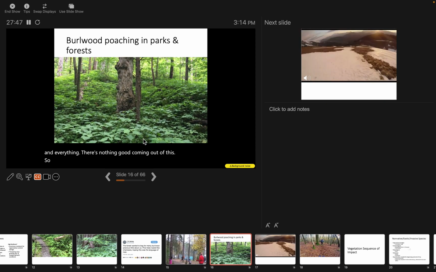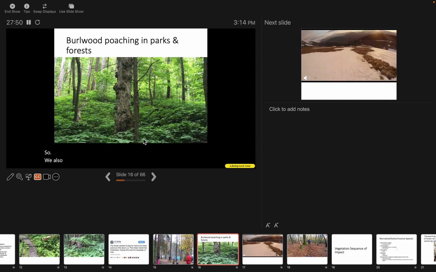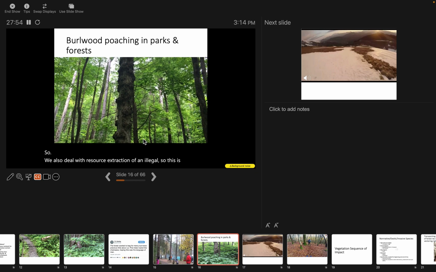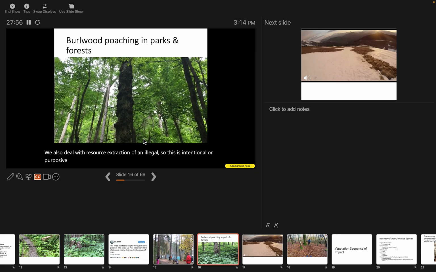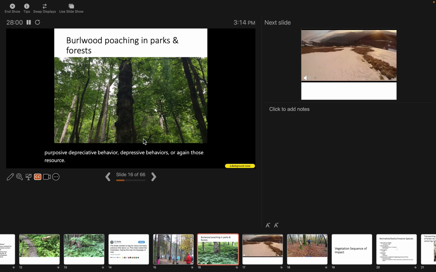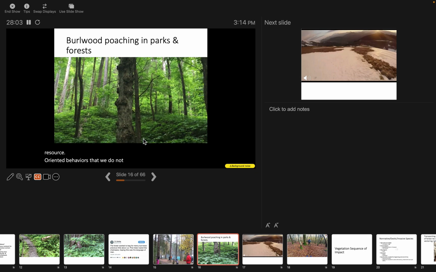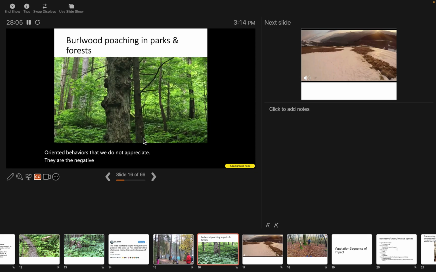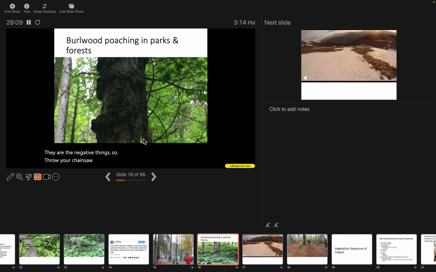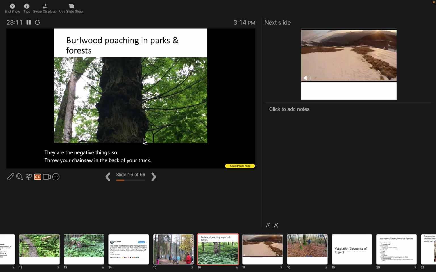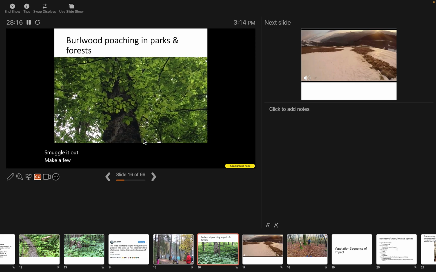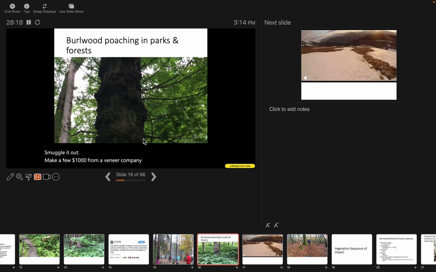So, we also deal with resource extraction of an illegal nature. So this is intentional or purposive depreciative behavior. Depreciative behaviors are, again, those resource-oriented behaviors that we do not appreciate. They are the negative things. So throw your chainsaw in the back of your truck, cut off a burl wood, smuggle it out, make a few $1,000s from a veneer company.